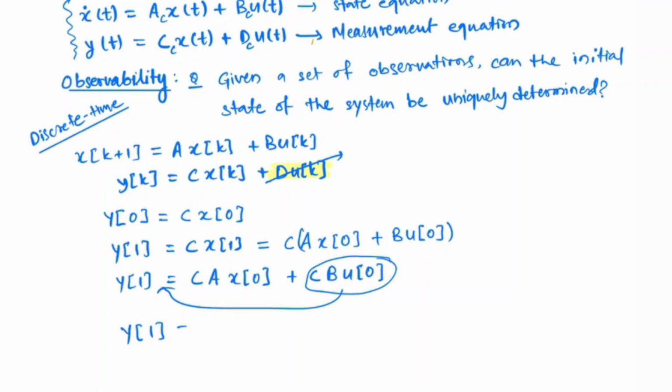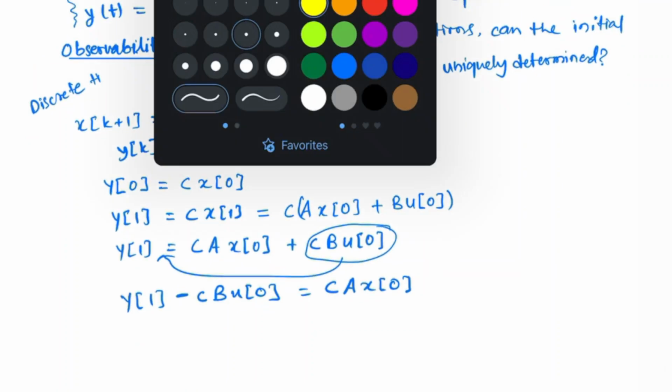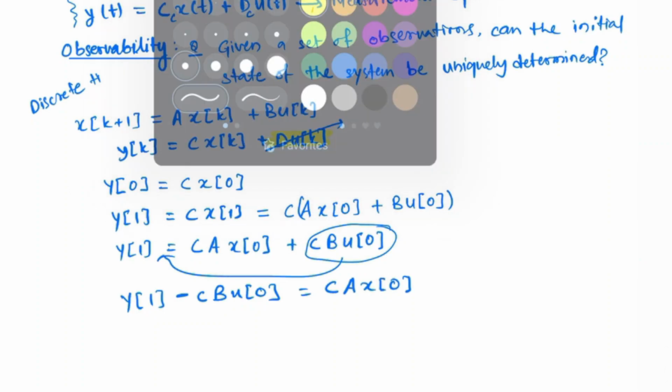So let's subtract this. So y1 minus CB u0 is equal to CA x naught. All right, let's remember this term.